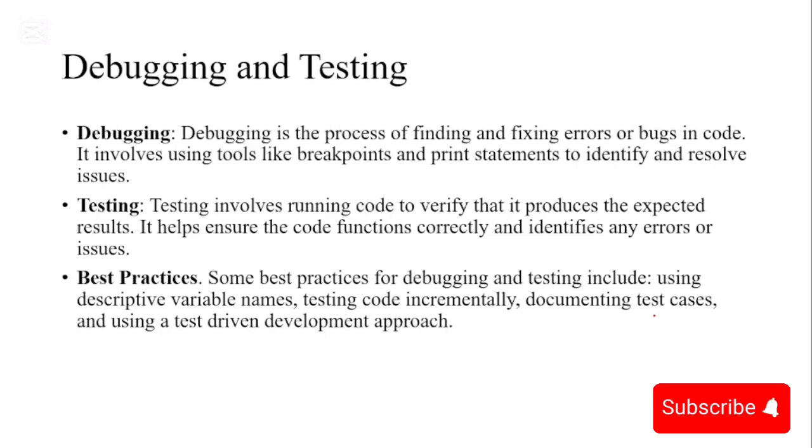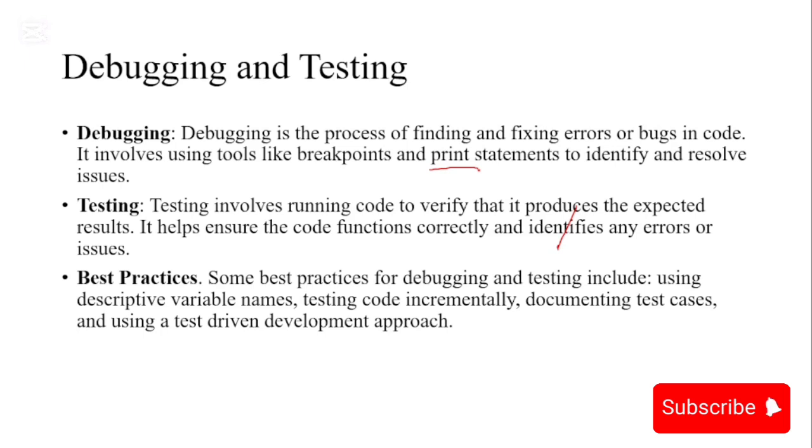It involves using different tools like breakpoints and print statements to identify and resolve these issues. When I use my print function, it means I'm trying to run my code. So that is debugging.